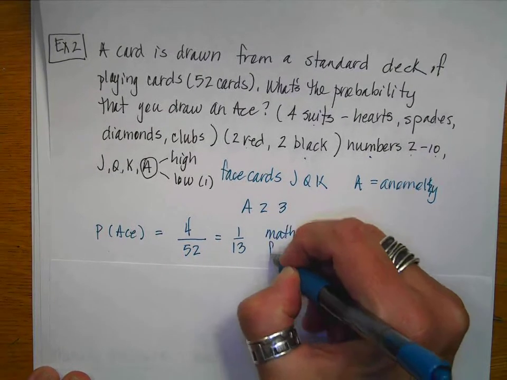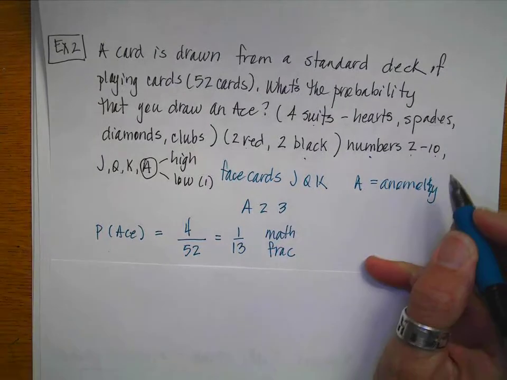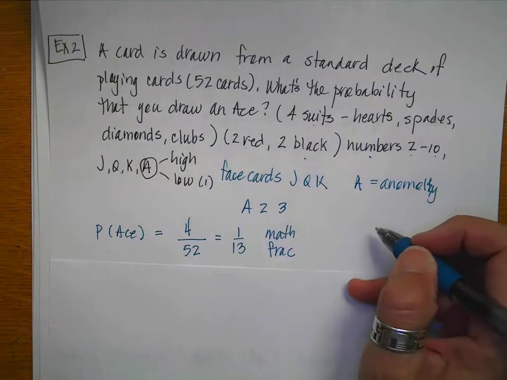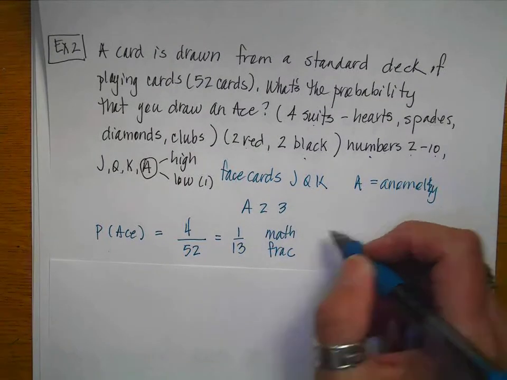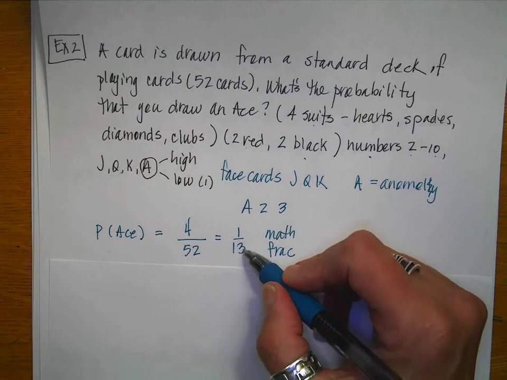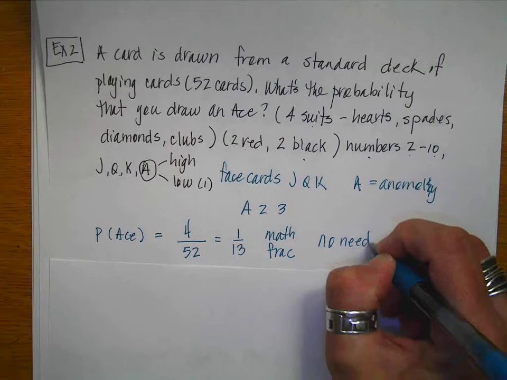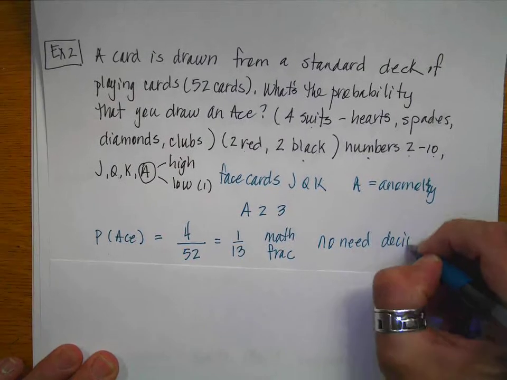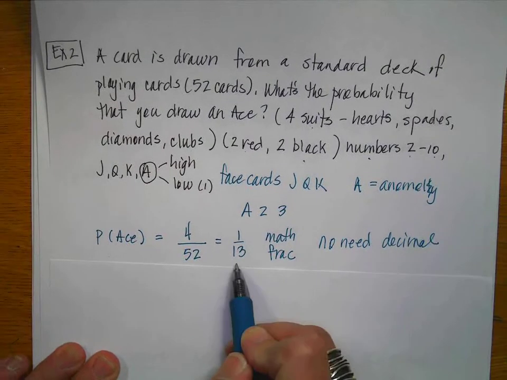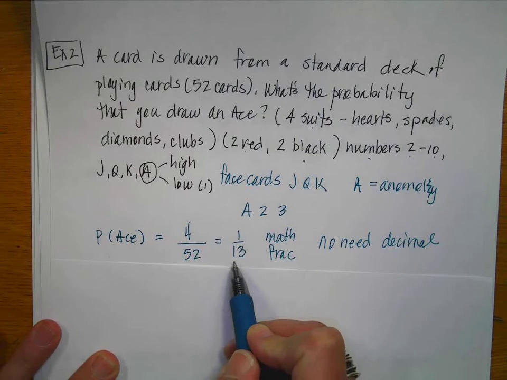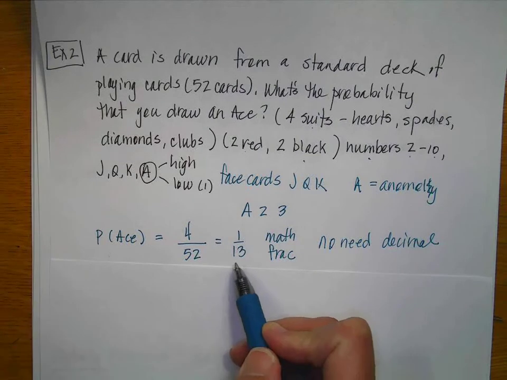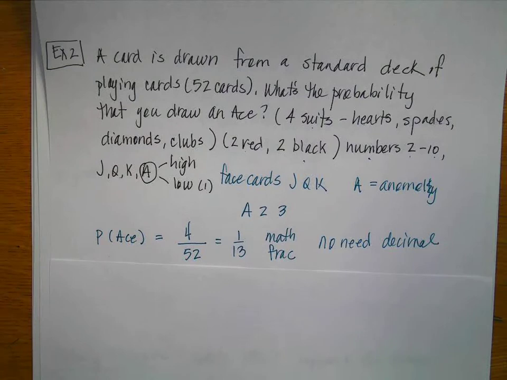Remember that the math frac button on your calculator is glorious because that means you don't have to simplify the fractions by hand, but you always want to make sure that you report in fraction form. There is no need to get a decimal, because this is actually kind of entertaining. That says I have a 1 in 13 chance of potentially getting an ace.